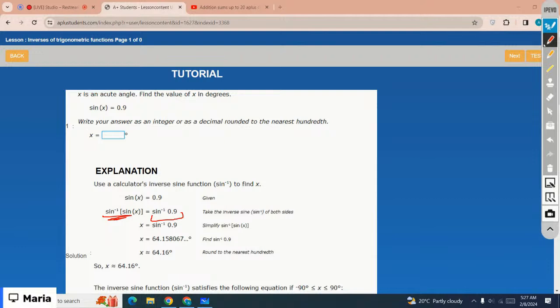You need to press the shift button and then the sine button, then enter 0.9, and then press the equal button. That equals 64.16 degrees, right? So that is the answer in degrees. Got it? The correct option is 64.16.